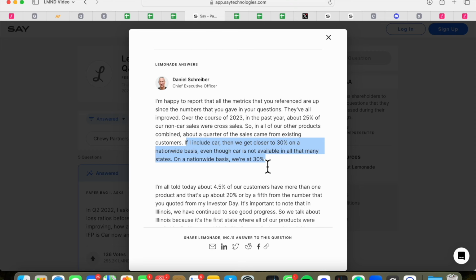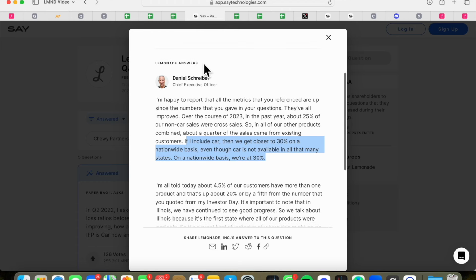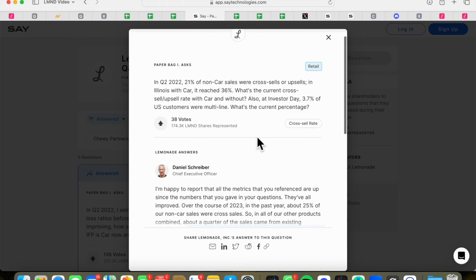So on a nationwide basis, about 30% of sales are coming in the door for free as existing renter customers buy a car product or whatever it is. But in Illinois, that's kind of our little petri dish sample, with car really available, it was more like 36%. And it started at 21% back in Q2 2022.